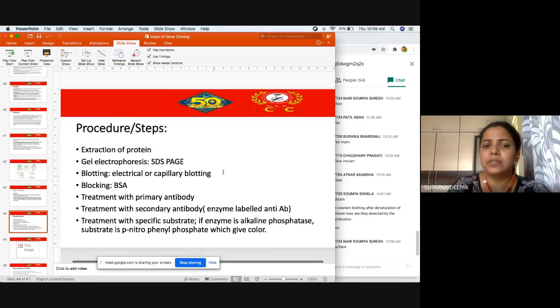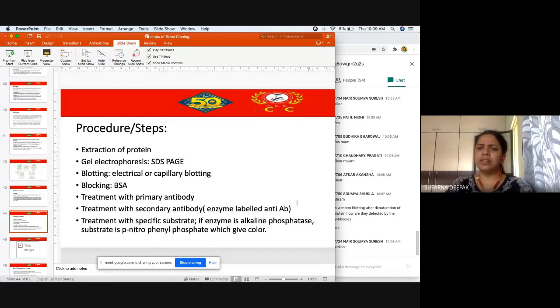So once that is done, there are primary antibodies, and then you have the secondary antibody, which is an enzyme-labeled antibody. Now, tell me, everyone, you must have learned this in ELISA also. I think I have discussed this earlier with you. So tell me, why do you always require a secondary antibody in this case?